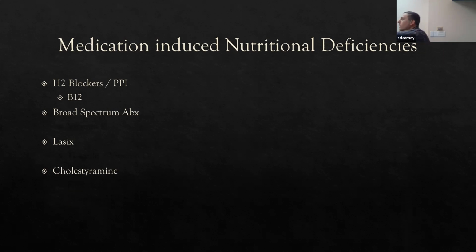Yeah, there you go. The production of intrinsic factor, right? Intrinsic factor increases your absorption of B12. If you don't have intrinsic factor... So PPIs and H2 blockers can affect our B12 absorption. So if you have somebody who's chronically on that, you need to think about whether they could possibly have a B12 deficiency, right? All right, broad spectrum antibiotics.